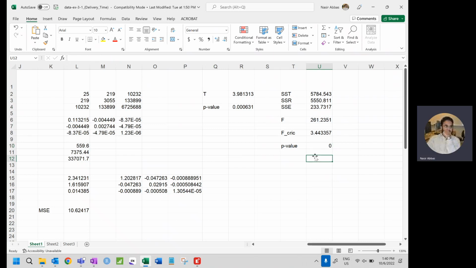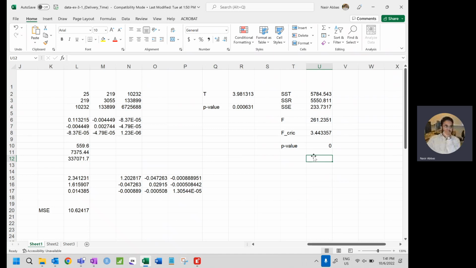What is the meaning of p-value? No, that's not the meaning of p-value. That's the next step. What does this 0 mean? Or let's say this p-value was 0.01. What does 0.01 mean? No, it's not the probability of rejecting H0. The probability that this happens if H0 is true.